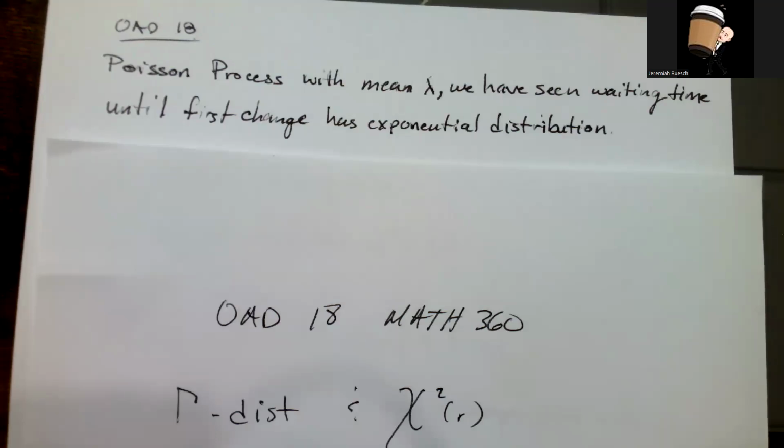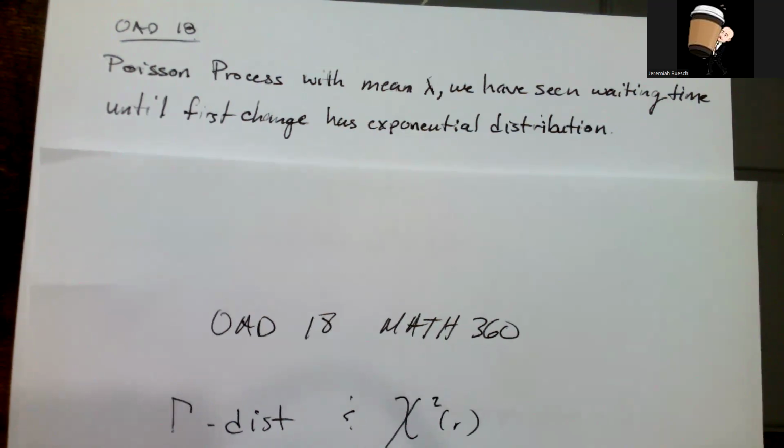Okay, so in the last section, we talked about the Poisson distribution with respect to waiting until the first error occurred. Okay, and that was the exponential distribution. So that's what we talked about last time.